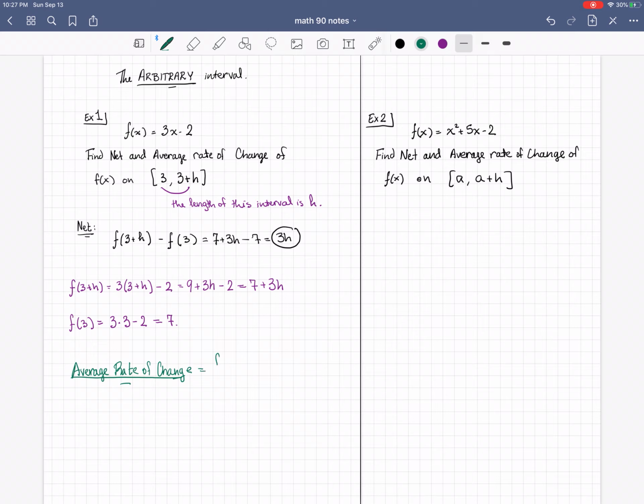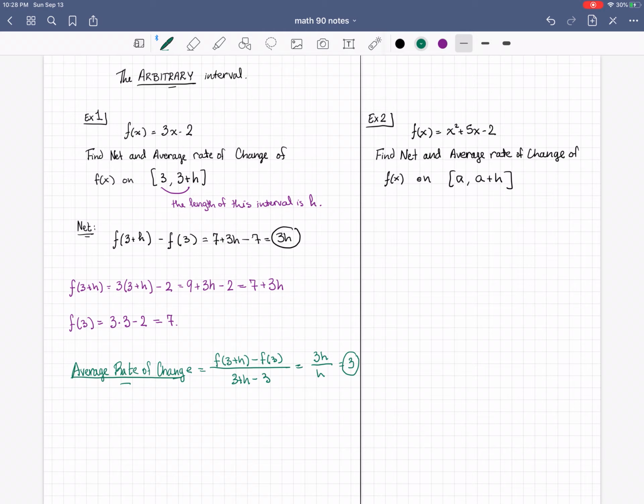So it'll be f of 3 plus h minus f of 3, over 3 plus h minus 3. That's the full setup, but as I just said, that's the net change we found a moment ago, over the length of the interval, which is h. So we have 3h divided by h. The h's cancel, so you just end up with 3.